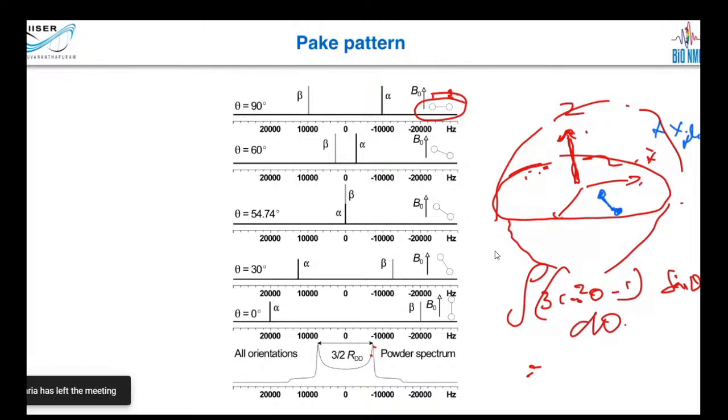This is the standard Pake pattern powder spectrum of any molecule without any magic angle spinning. If you do magic angle spinning, this will get narrow. But if you're not doing it, this is what the pattern will look like. So your intensity would be maximum for 90 degrees, because that's where all your spin pairs are supposed to lie. There's a maximum probability of finding it.